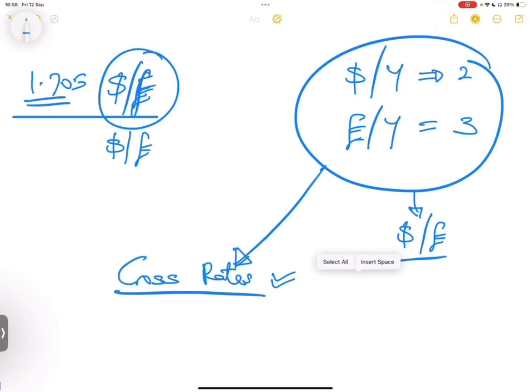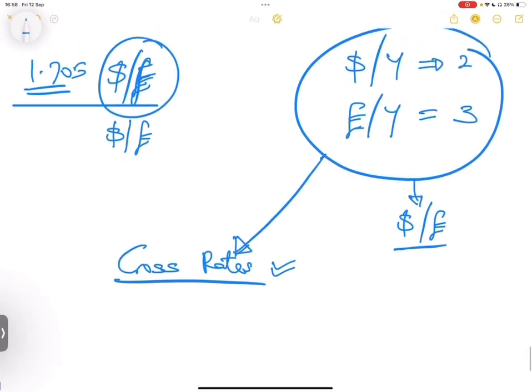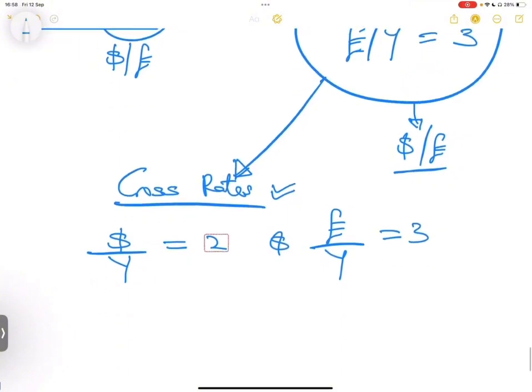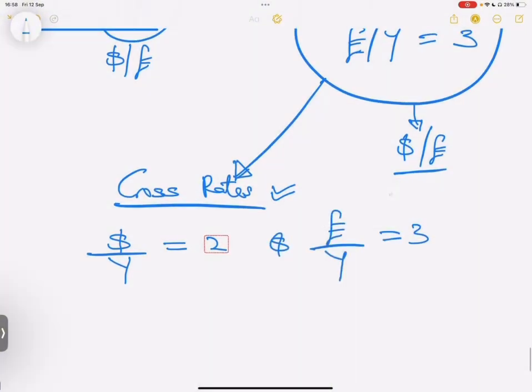And how do you do that? It's just simple mathematics. What you're saying is that dollar over yen is equal to 2, and pounds over yen is equal to 3. So what's the relationship between these two? What can you do to these two to get dollar over yen?